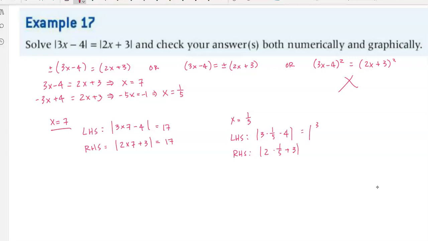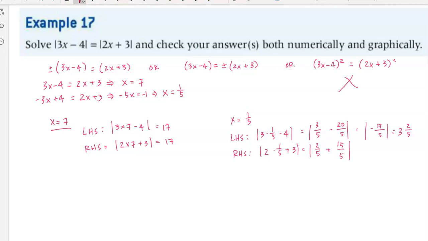That's going to be 3/5 minus 20/5, so absolute value of negative 17 over 5, which is 17 over 5, or 3 and 2/5. And the right-hand side is 2/5 plus 15/5, which is 17 over 5.